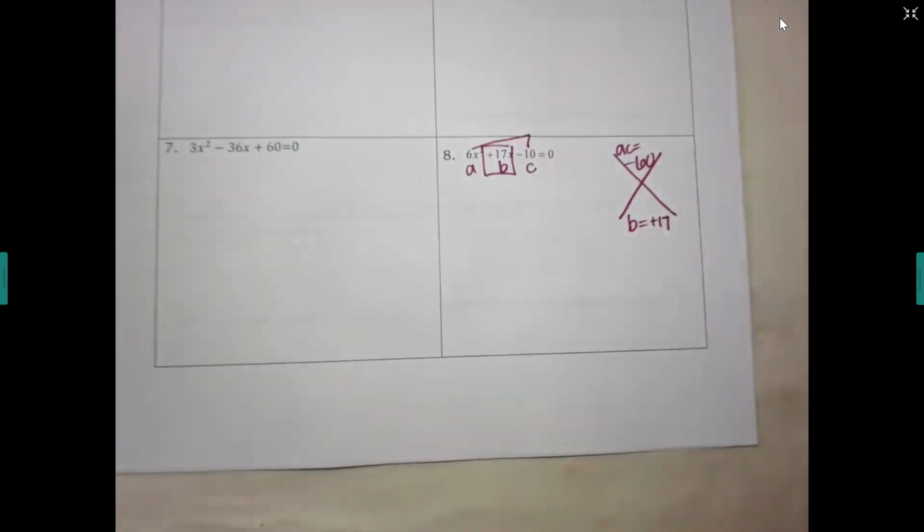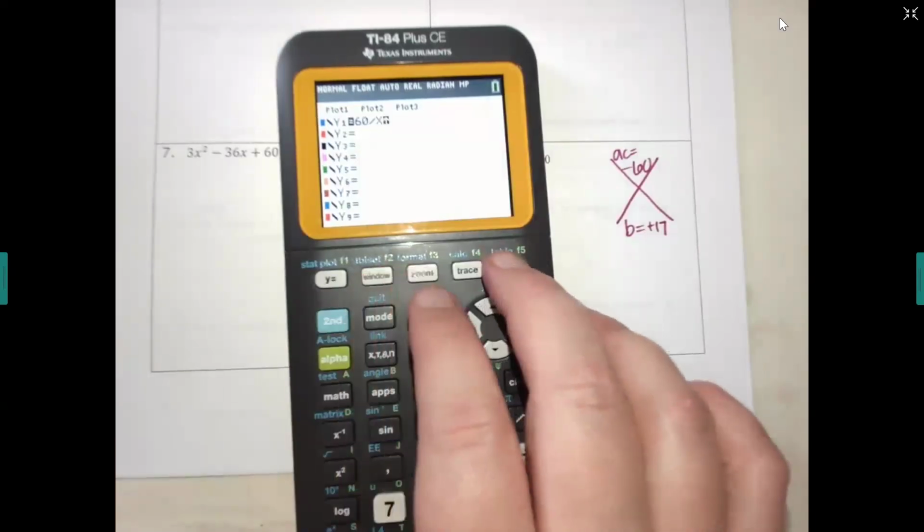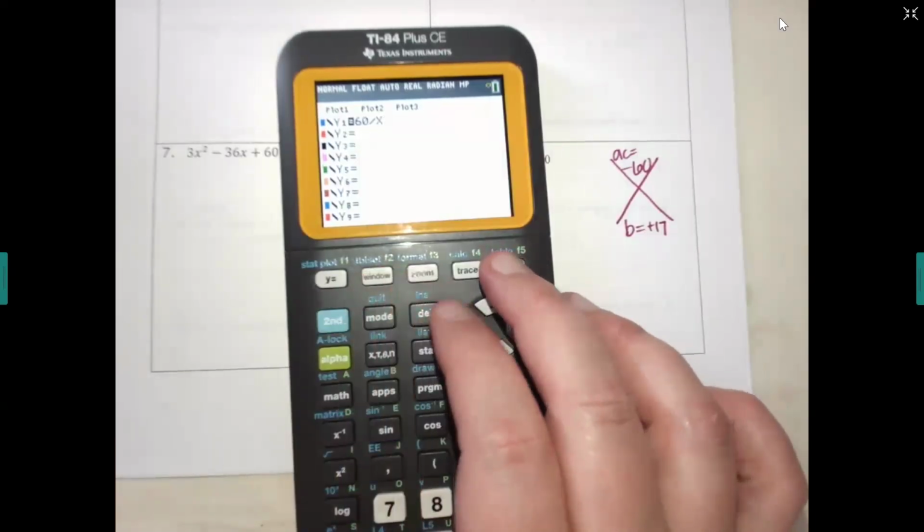Okay, so I'll show you on this one, whatever your times number is, it's 60 divide x. And then it'll just pull up all the partners so you don't have to think about them. Second graph to look at your table.